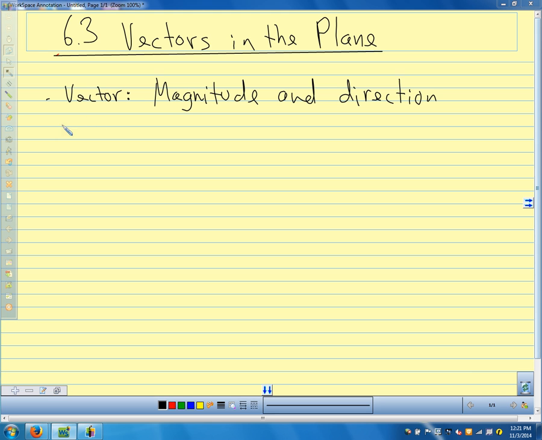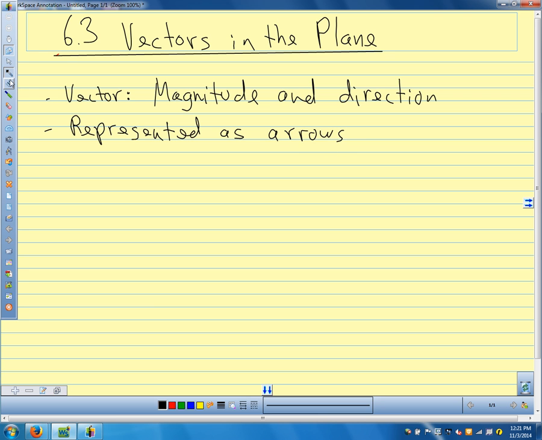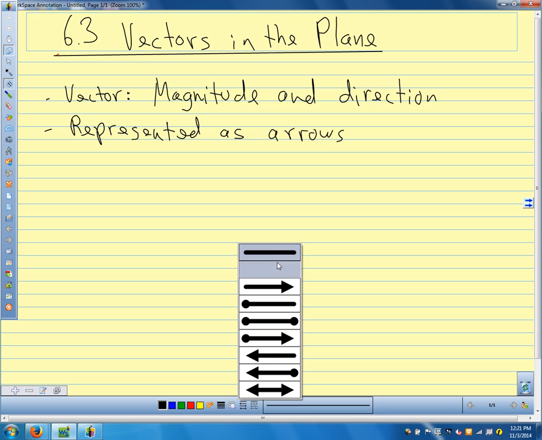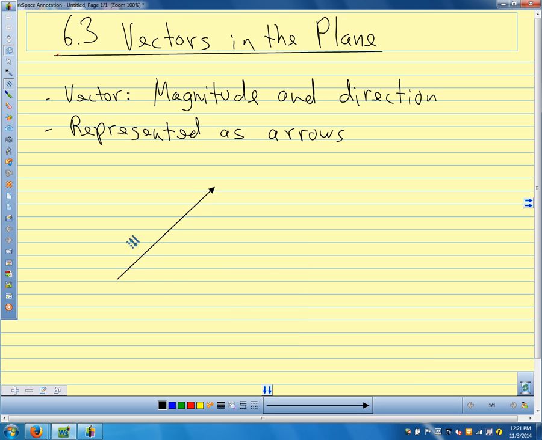We usually draw them. The book calls it a directed line segment. So we represent them as arrows. So if I draw a vector here, that would be a picture of a vector. And I'm going to put some points.